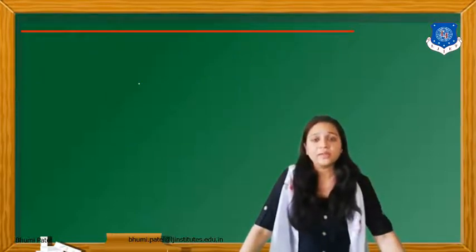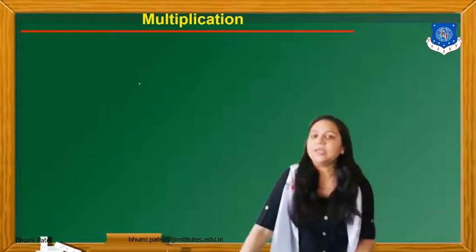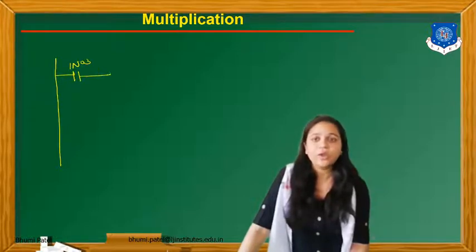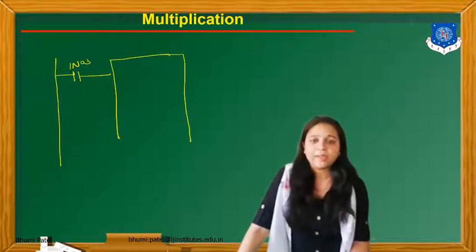Now the third math instruction is multiplication. For the multiplication, we again take one input, IN03. Then again we take two operands, because we compulsorily need two numbers for the multiplication.